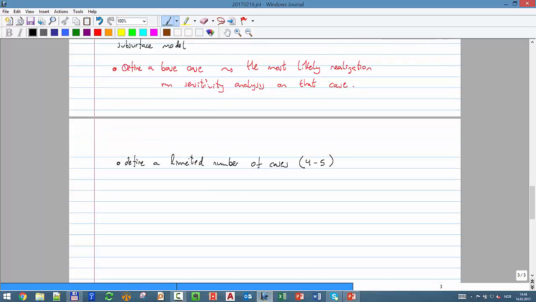And then you run sensitivity analysis on each one of the realizations.